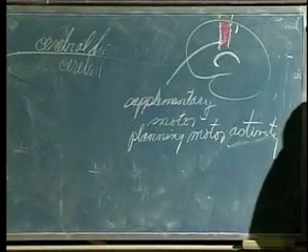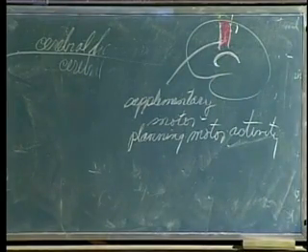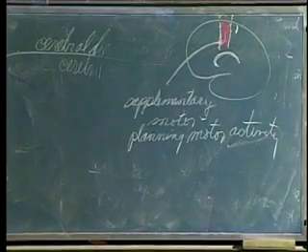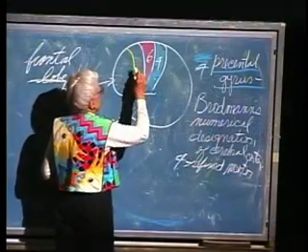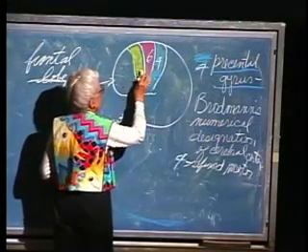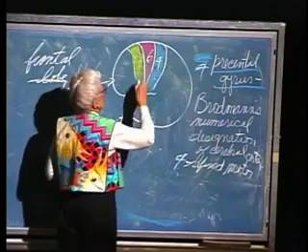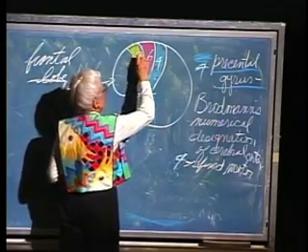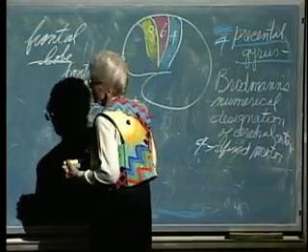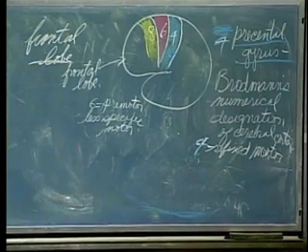I'm going to give you area 8. These are for frontal eye fields.